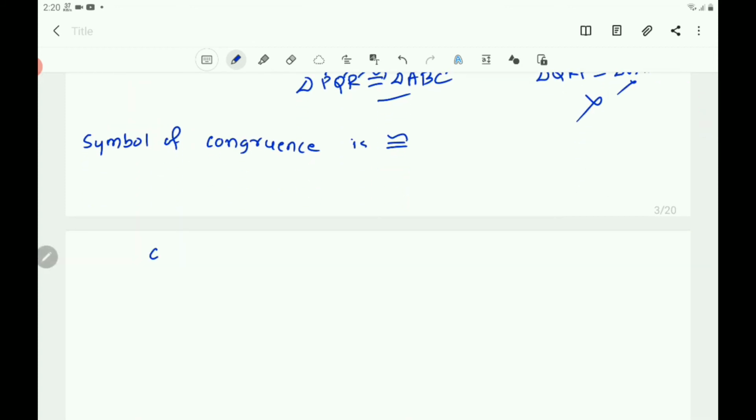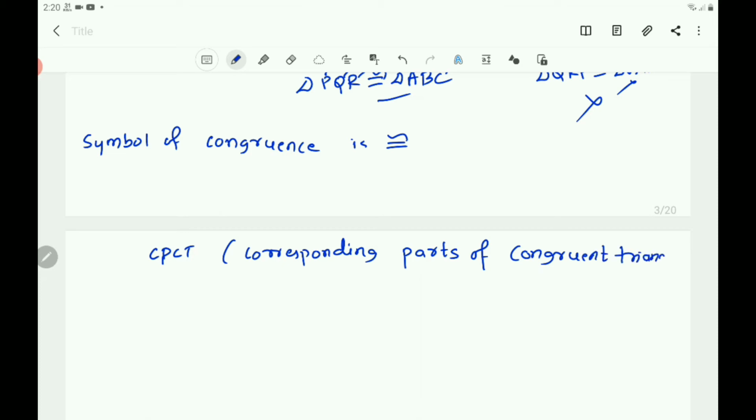Here, now and then we are using the word CPCT.